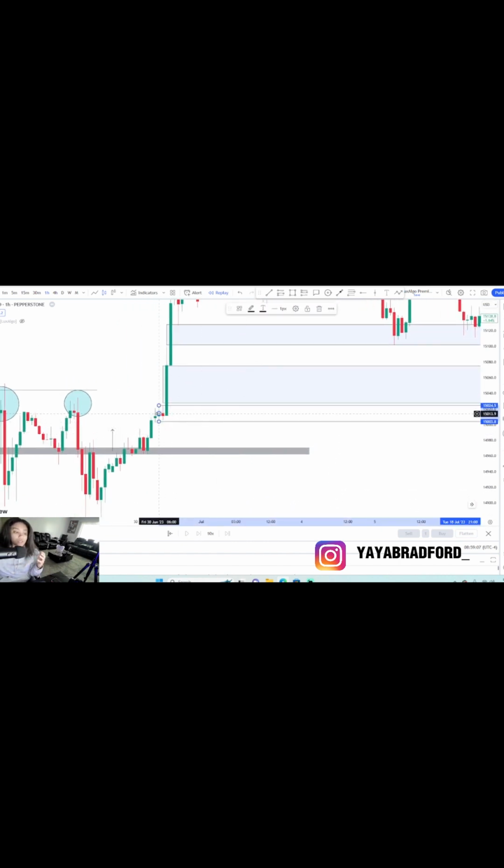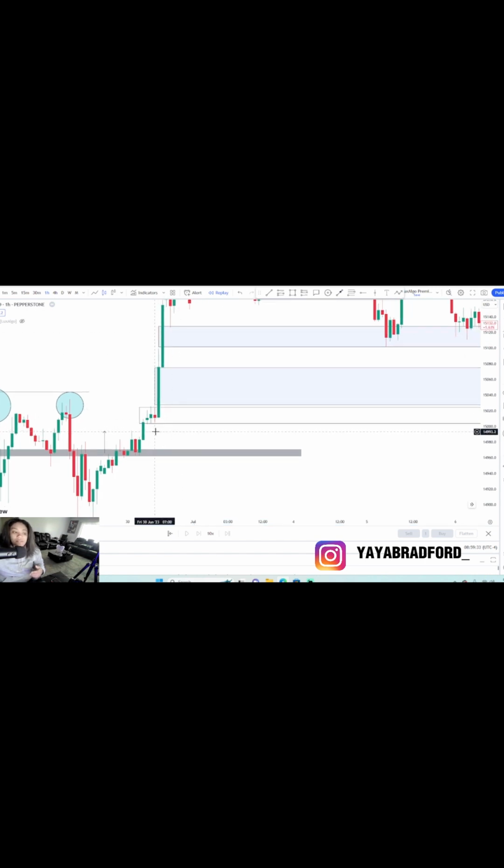What made me understand demand is basically when you have a lot of wicks inside of an area, like right here, more wicks than body, or when you have a lot of consolidation in the area and then an aggressive move happens.